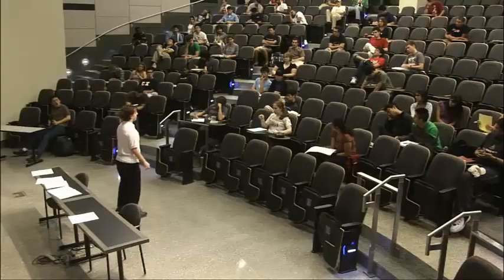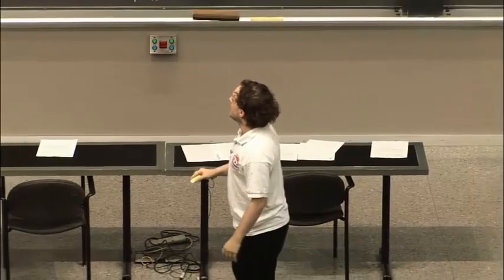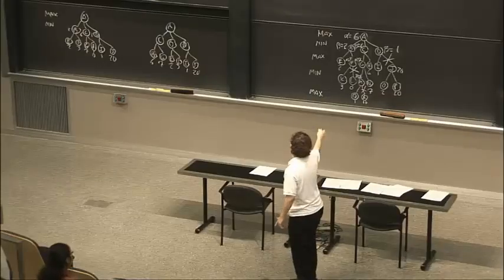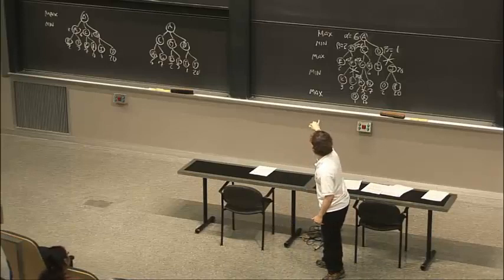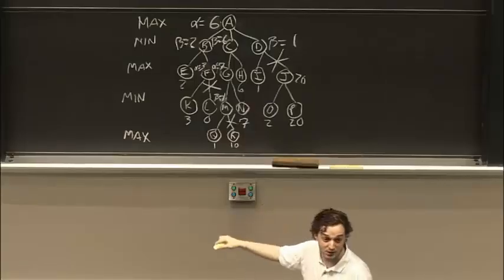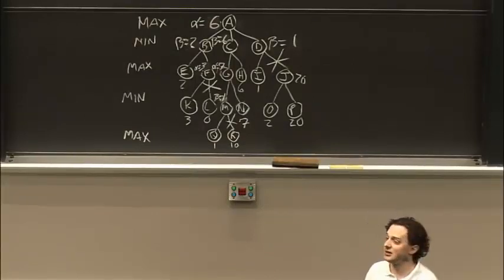Question? If it's a heuristic, how could you cache the values so you wouldn't have to recalculate them later? The question is, how can you cache the values if it's a heuristic so you don't have to recalculate them later? The answer is, it wouldn't help if there weren't these weird multi-level things where we stop at E for some reason, even though it goes down to 5 levels. The way you could cache it is that it's a heuristic, but it's consistent.